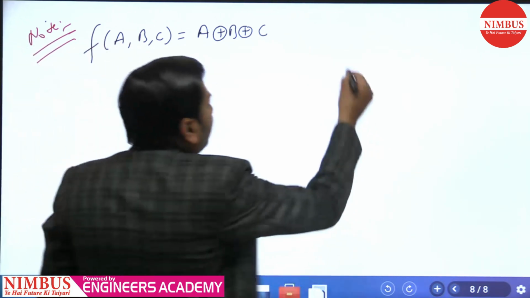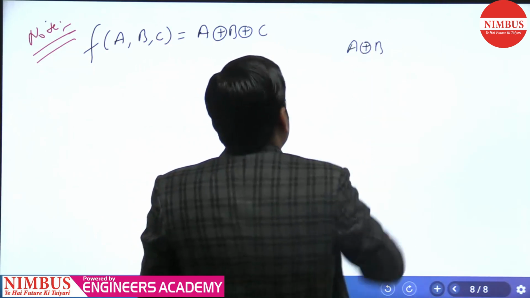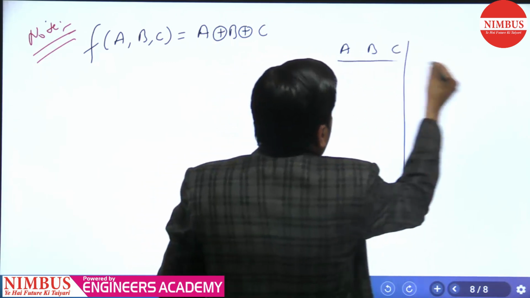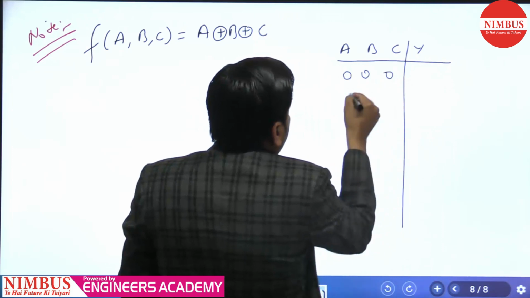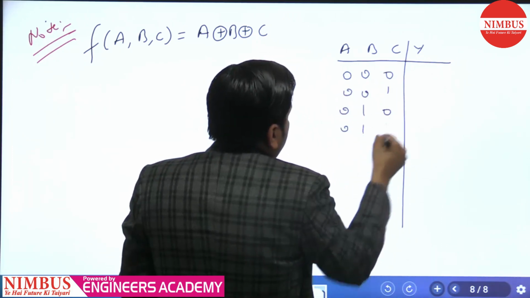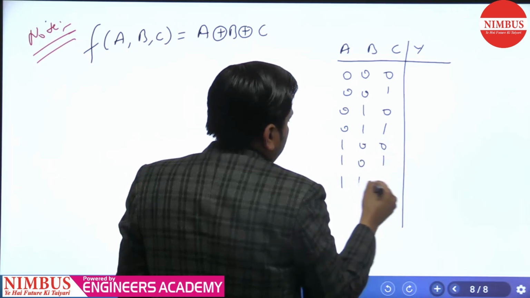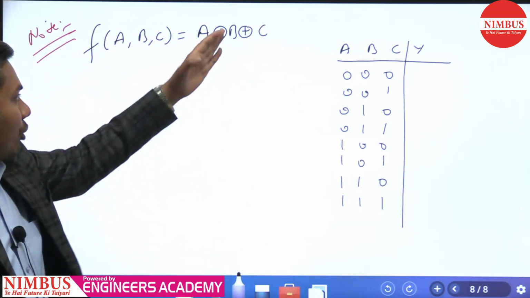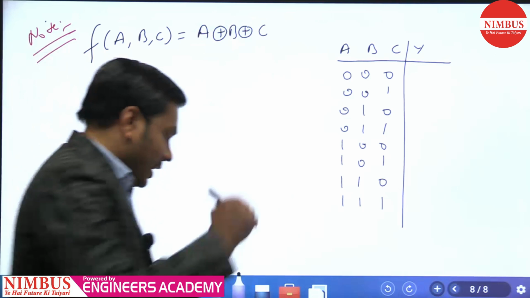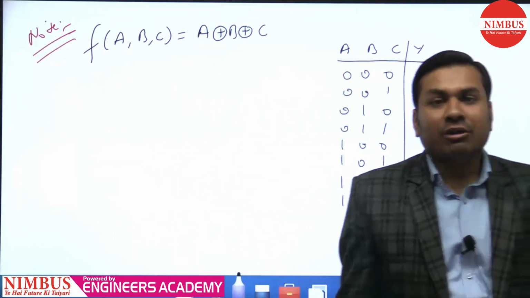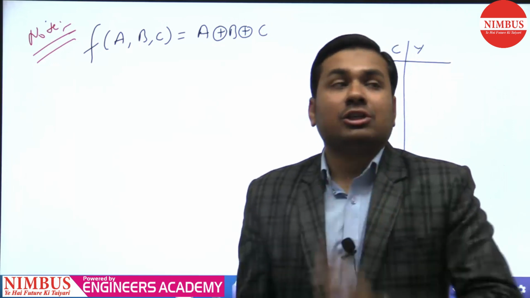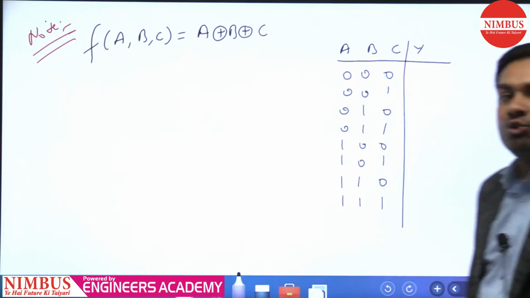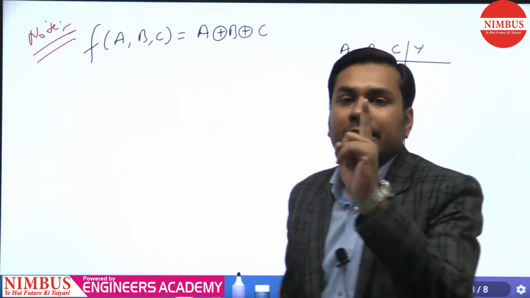So simply we know that for 3 inputs we are having total 8 combinations, and we know that XOR is our odd function. Odd function means when we are having an odd number of inputs at logic 1, then our output will be at logic 1.